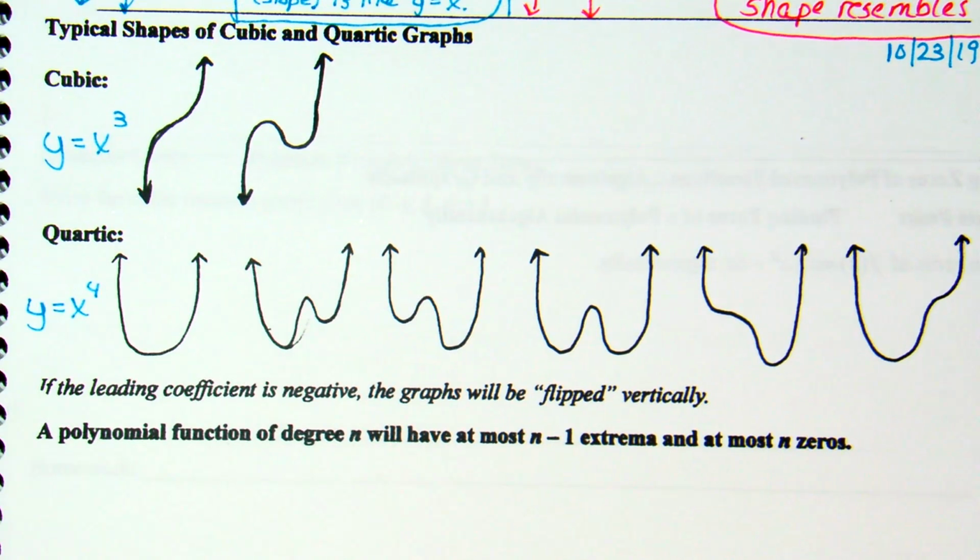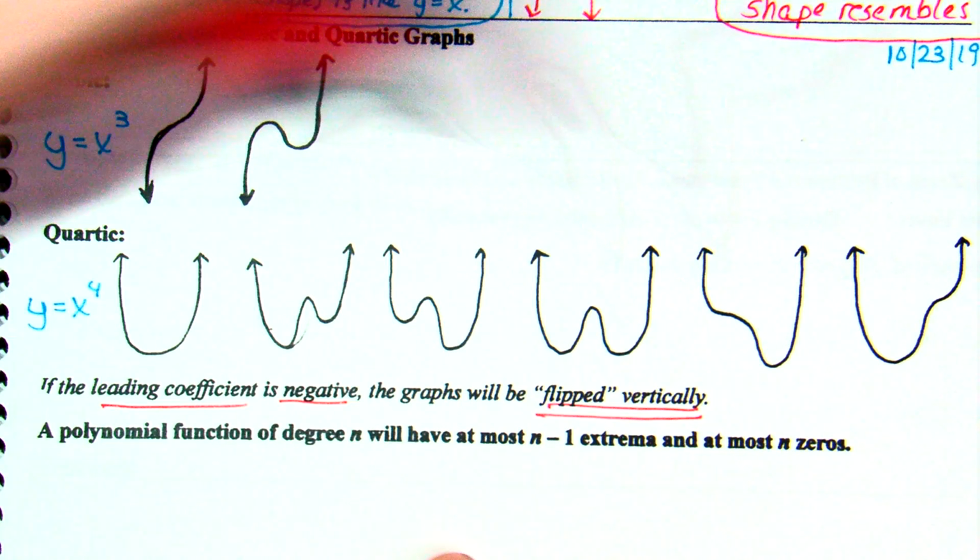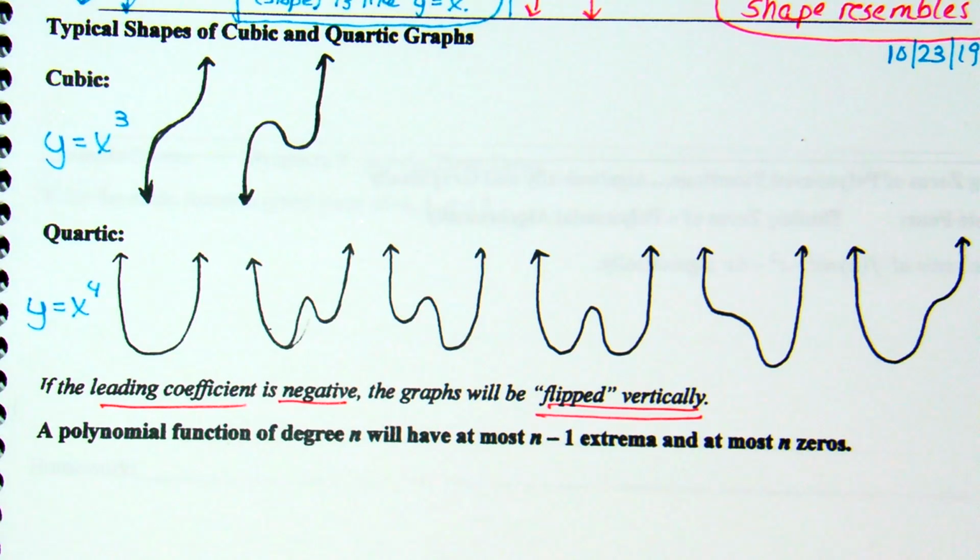What's negative x squared? Upside down. Okay? Same thing happens with x to the thirds, x to the fourths. If it's a negative, flip that graph upside down. So if your leading coefficient is negative, it's flipped vertically, so flipped upside down, or reflected across the x-axis, essentially.